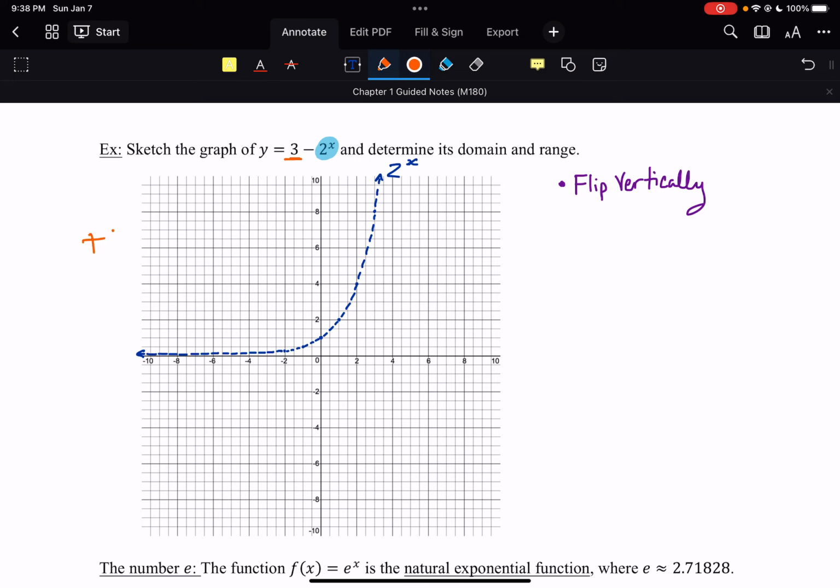This is the same thing as just having a plus 3, it's just in front of the exponent this time. But that plus 3 just means we're going to shift up 3 units. So we're going to take this graph and flip it across the x-axis, so flip it vertically. Let me just get a couple points on here.